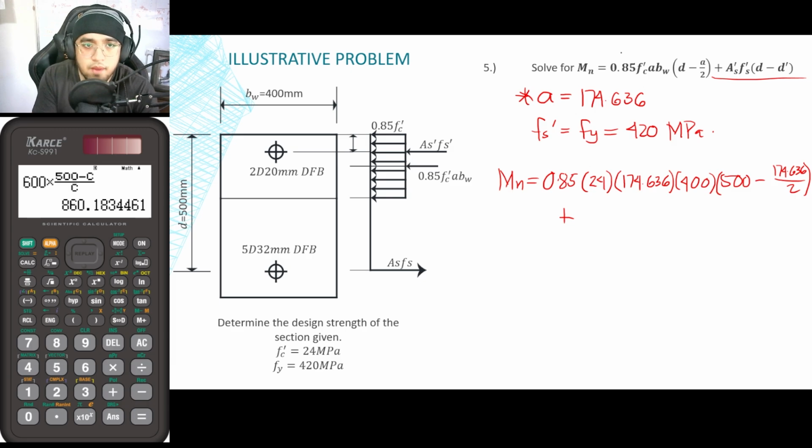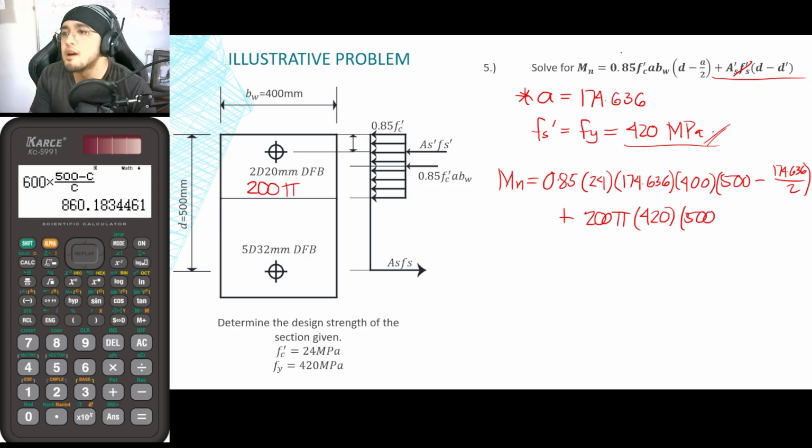As solved for earlier, As prime is 200 pi. So plus 200 pi times Fs prime of 420 since Fs prime has yielded, times the lever arm of d of 500 minus d prime of 60.